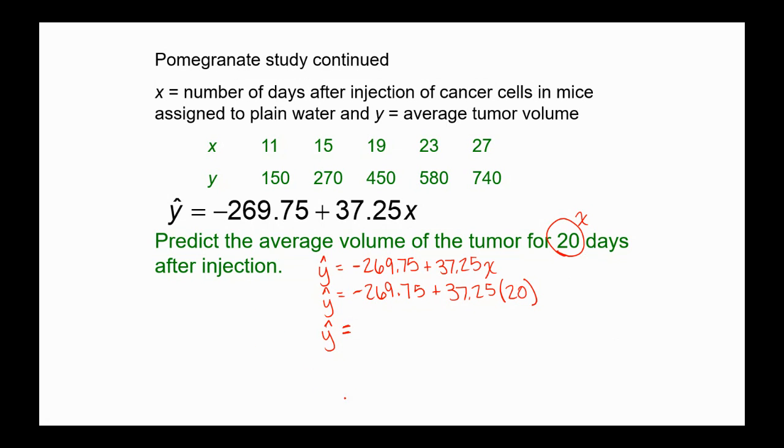What do I get for tumor size when you type in the equation with the 20? You should have gotten 475.25 millimeters cubed. So that's our predicted size.